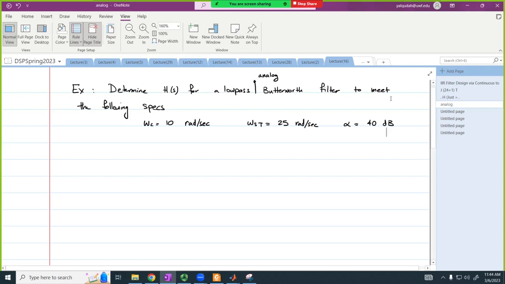So therefore, what do we have to do? We're going to use the formula that we created to calculate the filter order. So we want 10 log of 1 plus omega stop over omega cutoff, which is 25 over 10, to the power of 2n to be greater than or equal to 40.